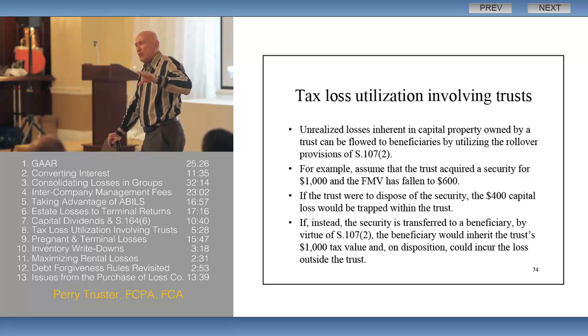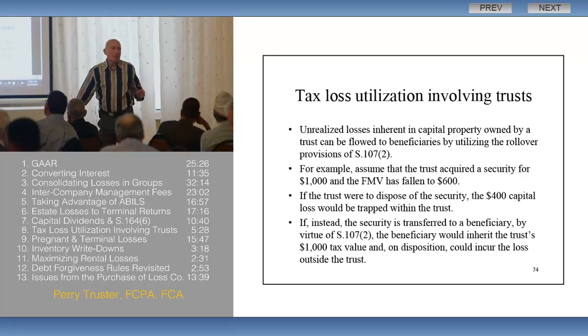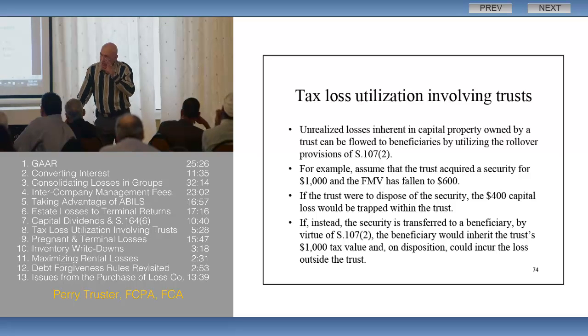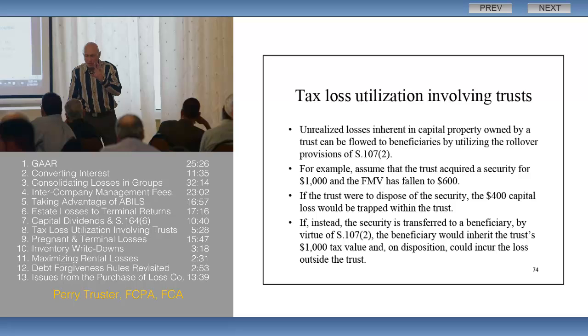There are exceptions where there are non-resident beneficiaries. There are exceptions where 75(2) has applied. I'm not going to talk about that. You're okay here. You can use this rollover.